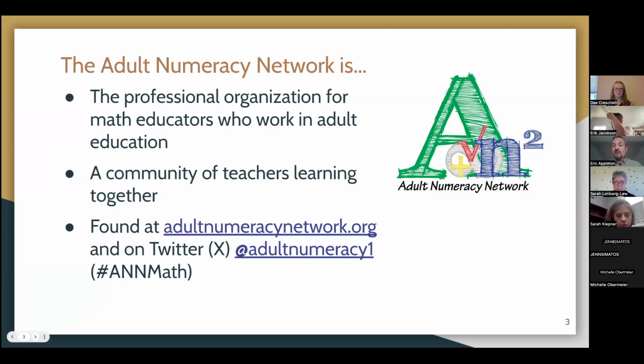It's not just math teachers, but we focus on math instruction for adults, especially adult literacy, GED classes, that kind of thing. And we really see ourselves as a community of teachers learning together. So we have members across the country and some members across the world as well.